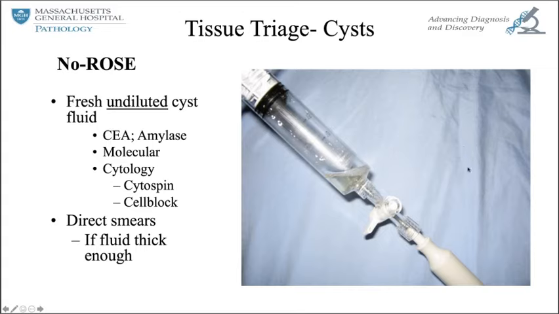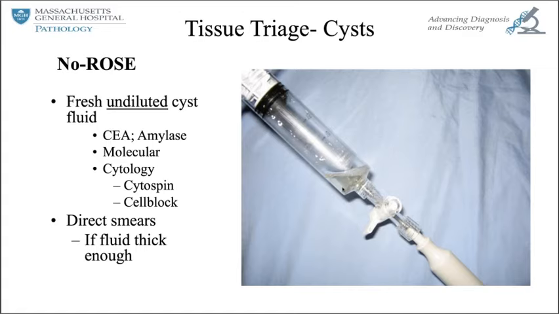And then the chemistry lab would spin down the cyst fluid, throw away the cells, and do their CEA and amylase. That's a waste of cells, which are often scant. So we want all of that material to come to cytology so that we can accurately, optimally triage that fluid.